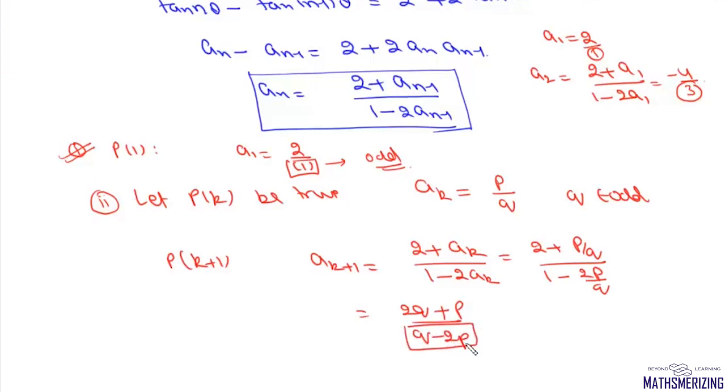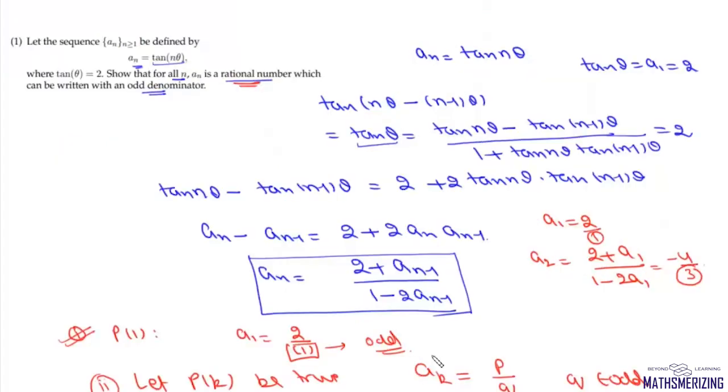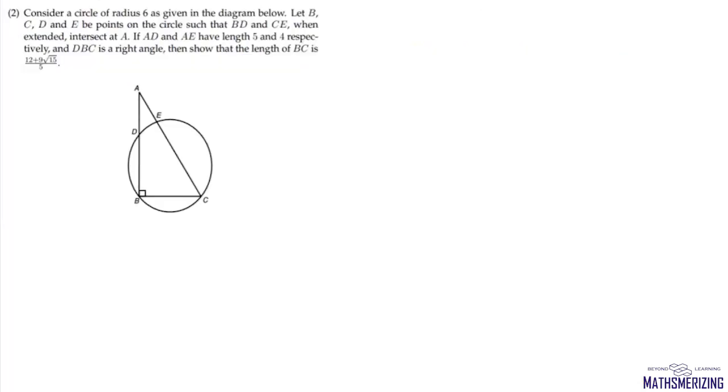Now this Q minus 2P is clearly an odd number, since 2P is even and Q is odd, so odd minus even is an odd number. So we can say that for all n, a_n will be a rational number which can be written with an odd denominator.